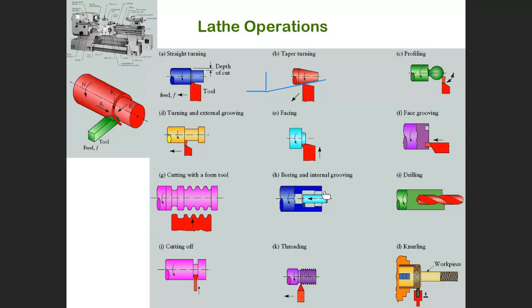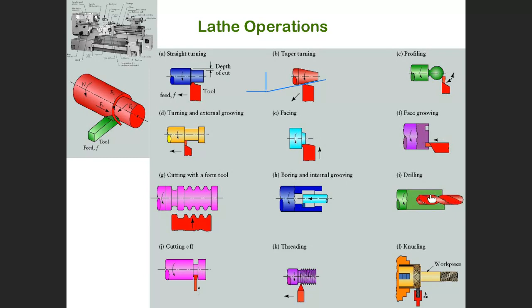This one is internal turning. We call it boring or internal turning. Internal turning means that the tool will enlarge the diameter. Initially, we must drill. We must create a hole. We cannot do internal turning unless we create a hole first.